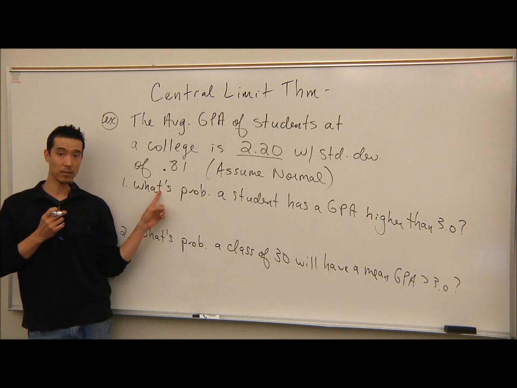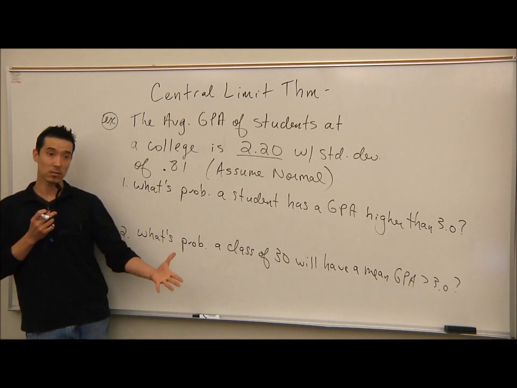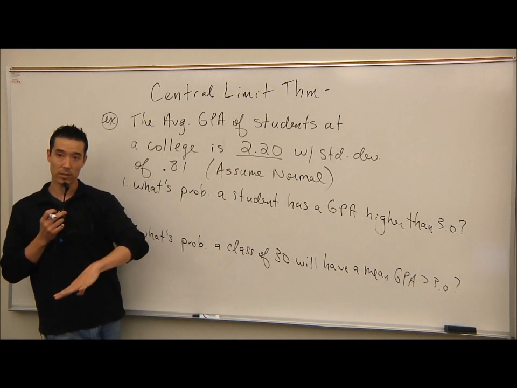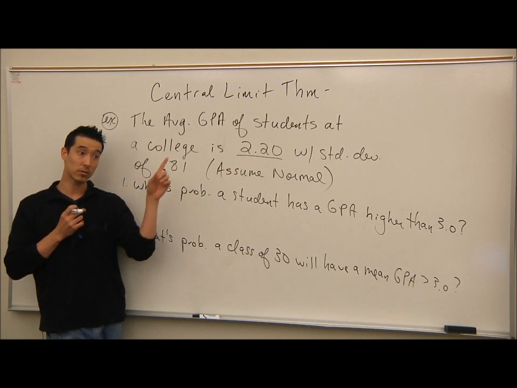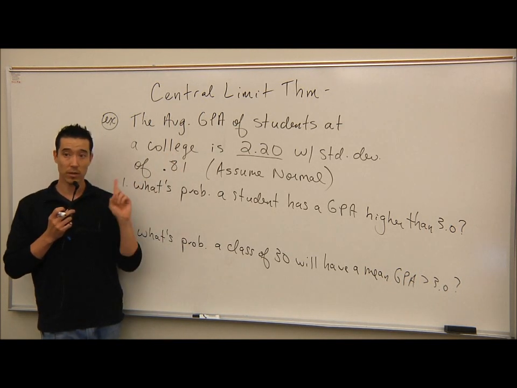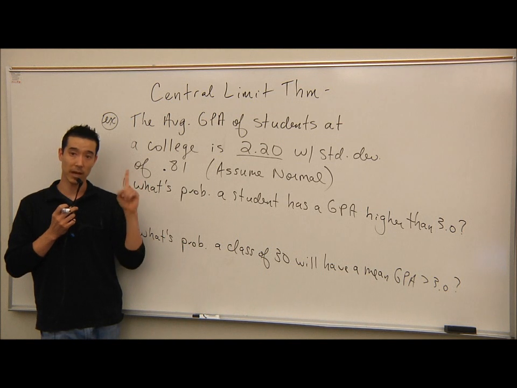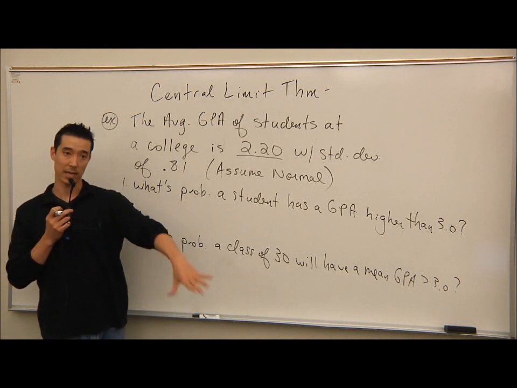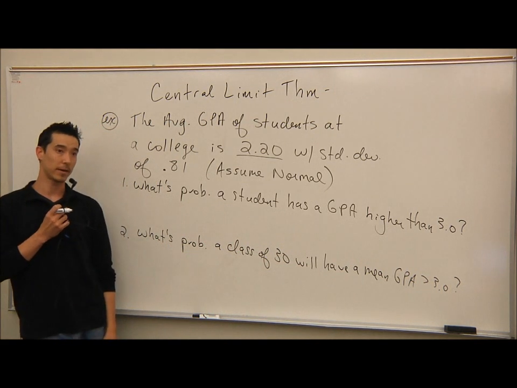It should clearly be 1, okay? Because all of these students overall have a mean of 2.20. So if you take a whole class of 30 students, their mean should be going closer to 2.20. Is everybody with me on that? As opposed to if you just select one person, you have a better probability of that one person being higher than 3.0 than of the whole class having a mean higher than 3.0. Okay?